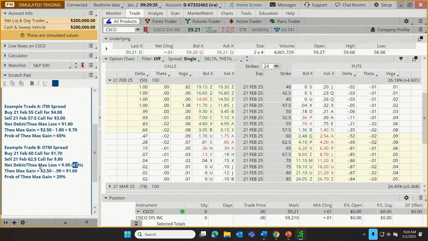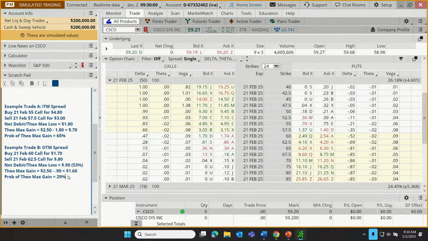It's not a 47% chance of theoretical maximum loss. That's the chance that we avoid maximum loss. It's actually 53% odds of maximum loss. So yeah, there's a 53% chance that we just lose it all. And what is all? 90 cents. There's a 29% chance that we make the full return, which is $1.60.